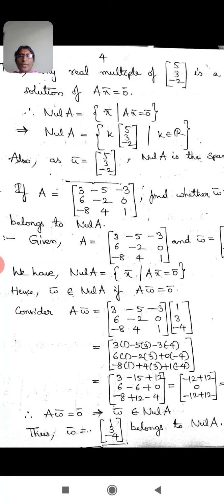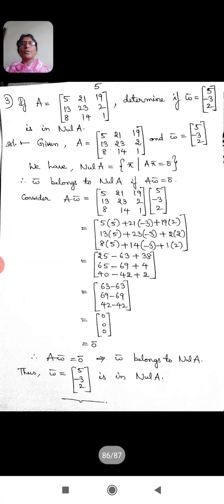So that is how we can claim that W bar belongs to Null A. Thus W bar, the column vector 1 3 minus 4, belongs to the null space of the given matrix A. So this is the solution for problem 2.